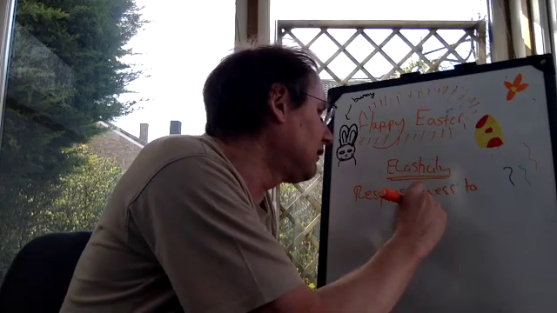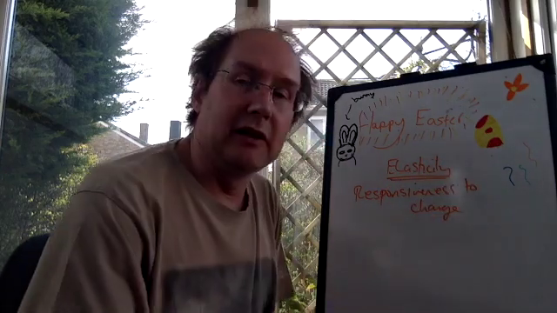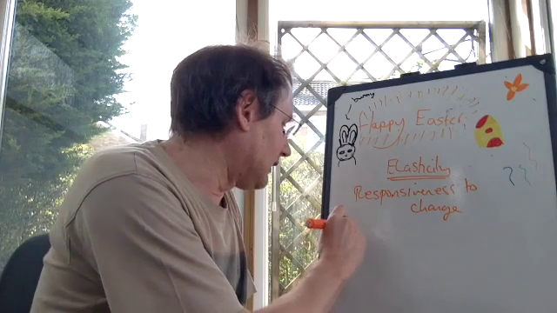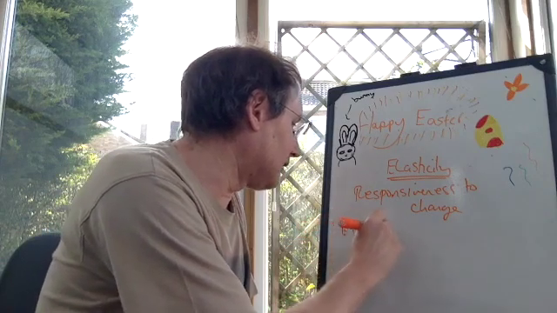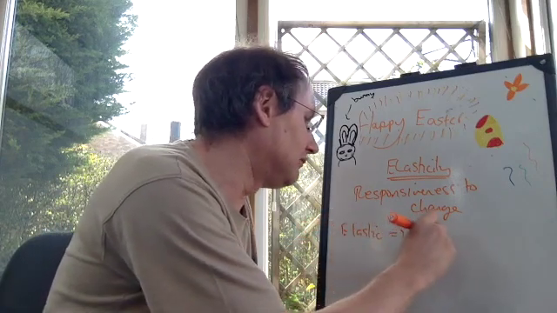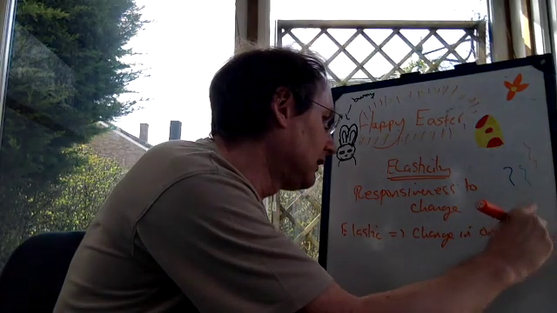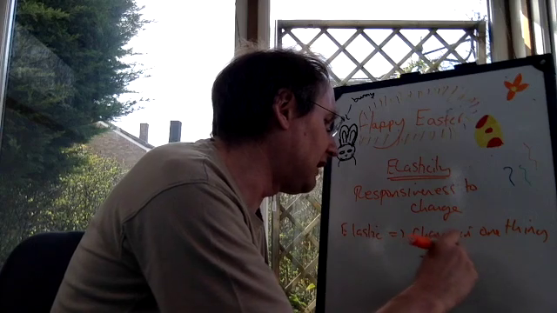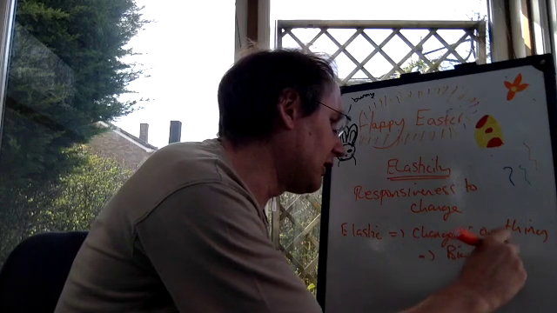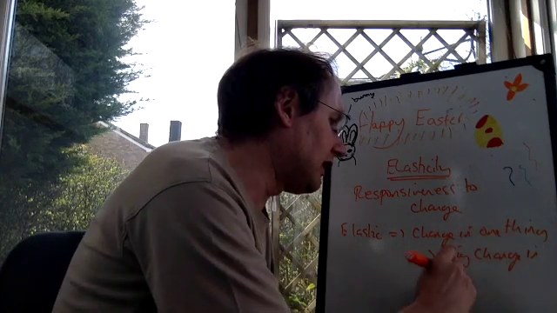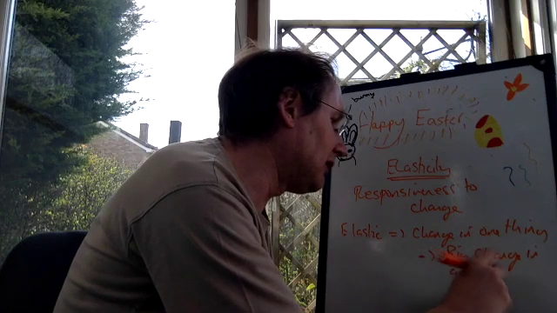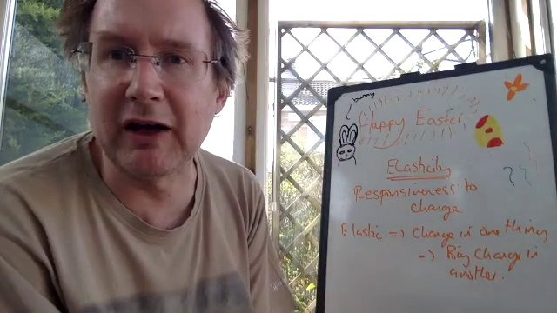And all elastic means is that a change in one thing leads to a big change in another. What it doesn't tell you particularly is anything about the direction of change.